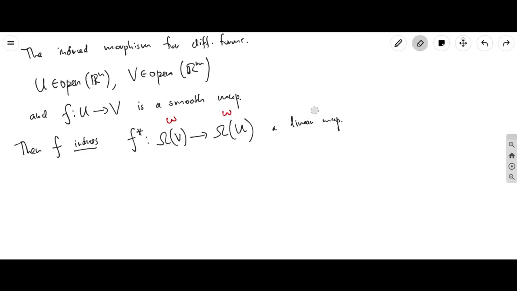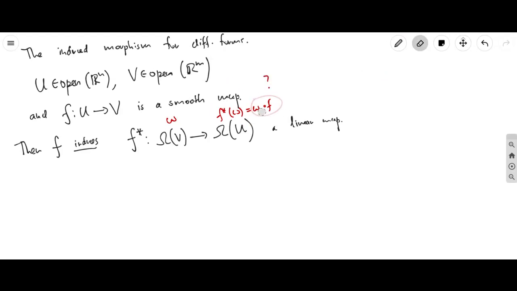But if it gets swapped the other way around, we make the composition go the other way. So we want to be able to say that F star applied to omega should be omega composed with F. We do the composition going the other way. The problem, of course, is what does that even mean?